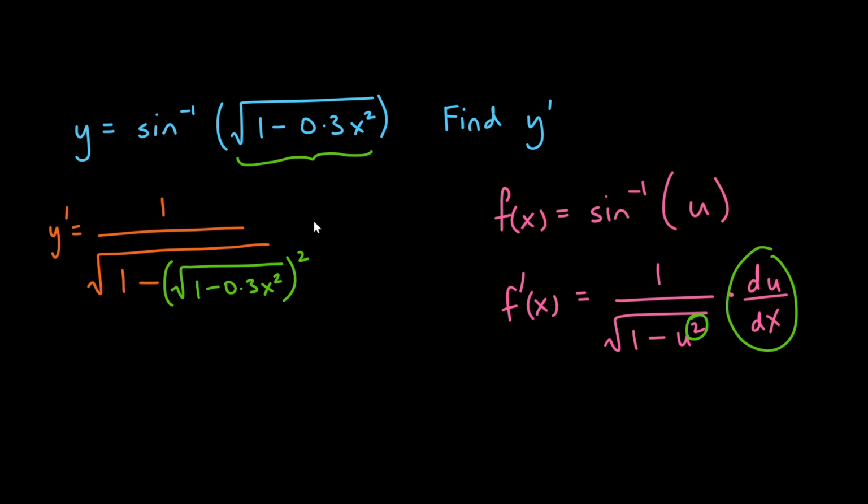So for now I'm just going to write it as d by dx of 1 minus 0.3x squared, and instead of using the square root symbol, I'm going to write it as to the half power.